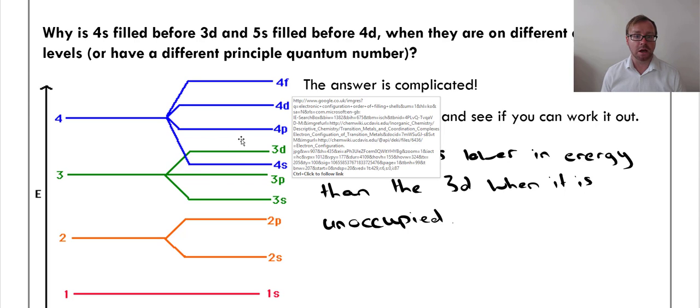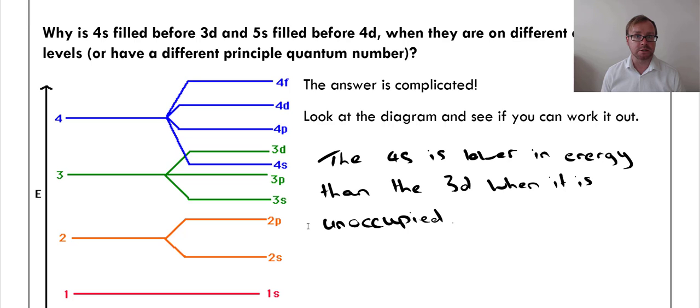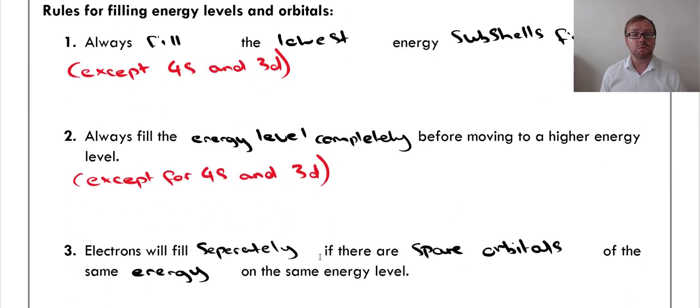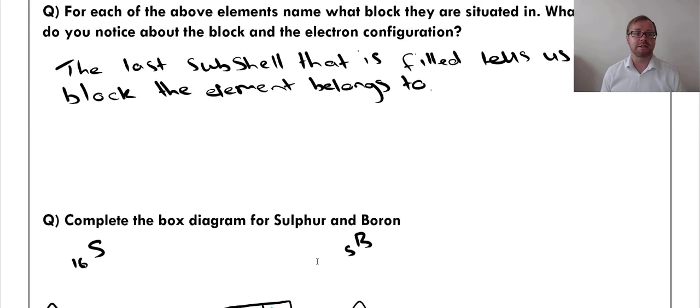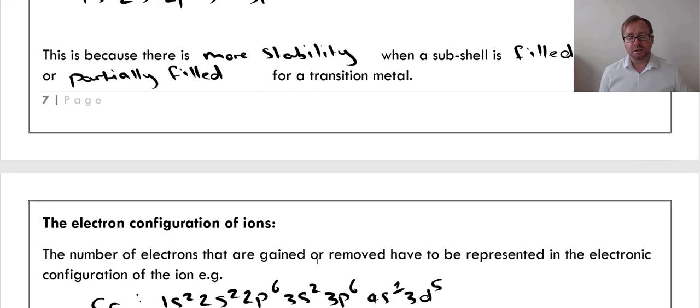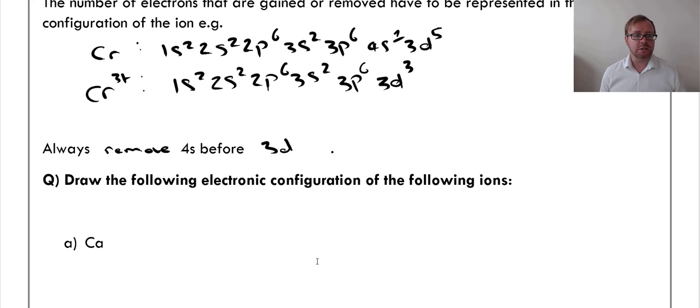So it becomes higher in energy than the 3d, which is occupied. So we remove the 4s first because it's higher in energy when it is occupied. Don't worry too much about that explanation.